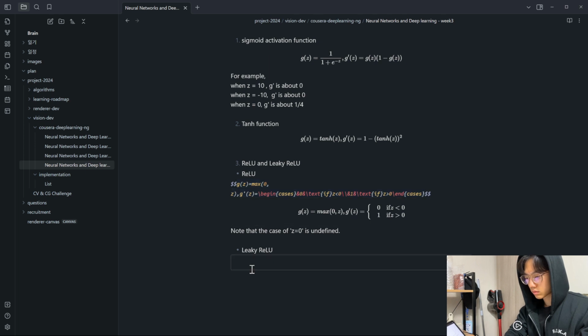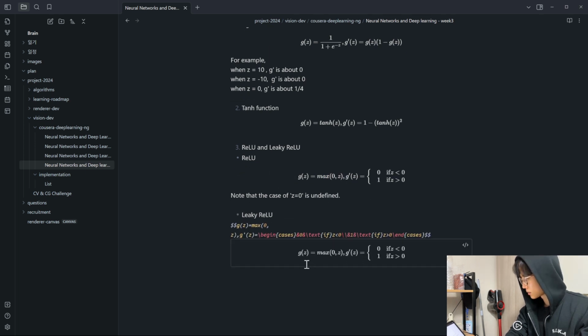But if you implement a piece of code that sets g prime to either 0.01 or to 1, either way, it doesn't really matter. When z is exactly 0, your code will work just fine.